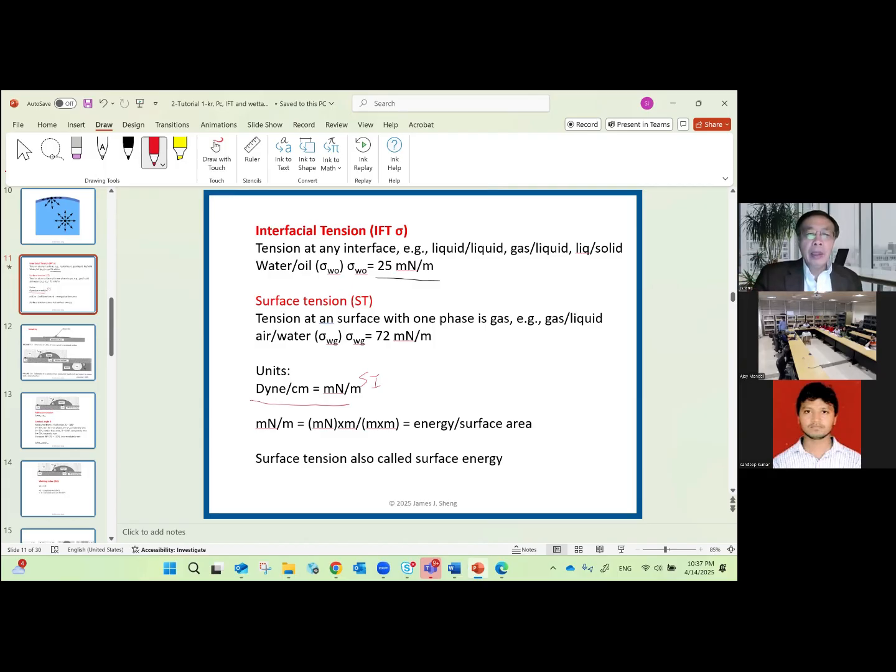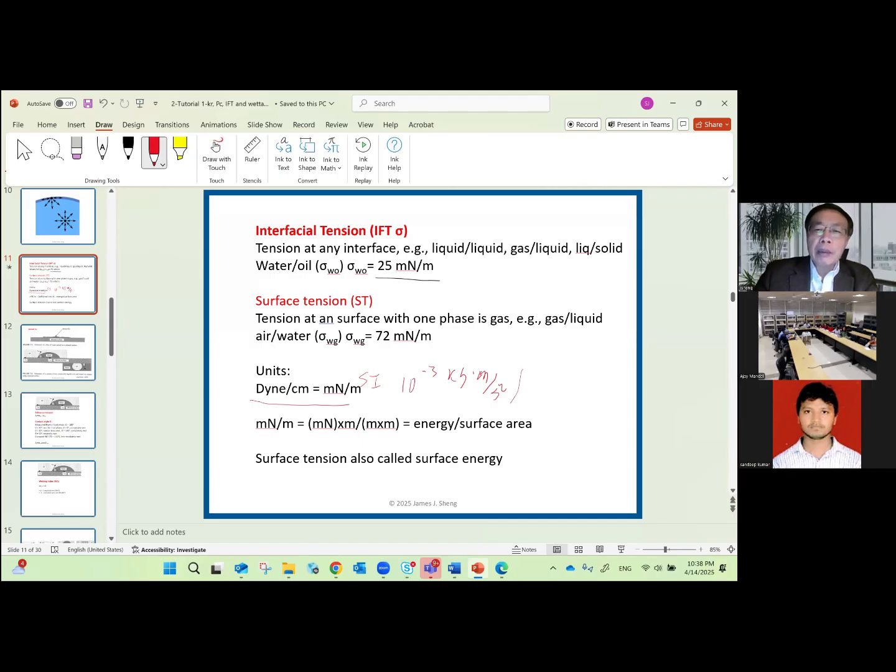Let me simply show you. Millinewton is 10 to the minus 3 newton. Newton is kg meter per second squared.